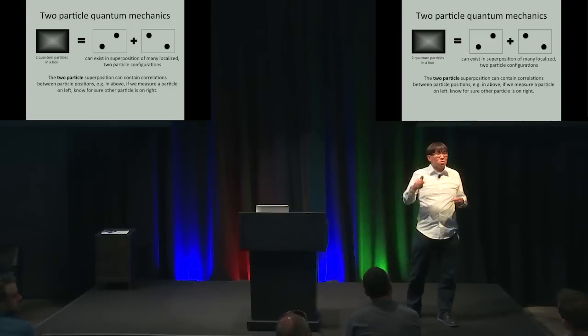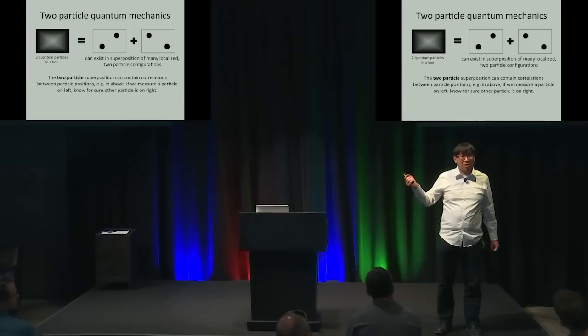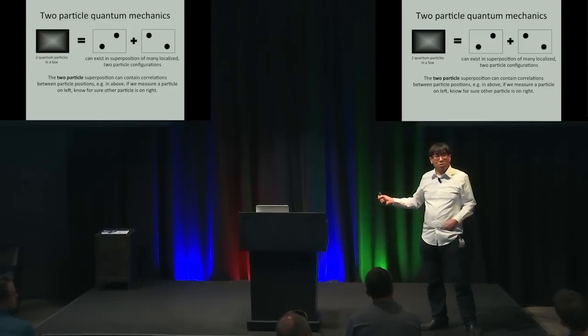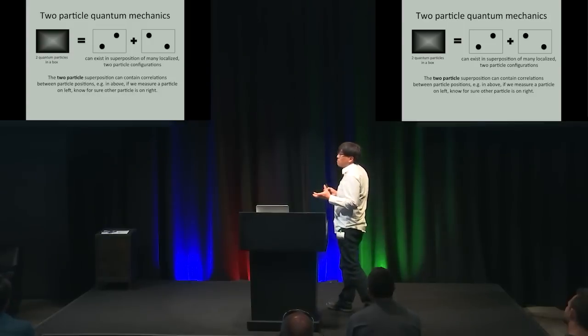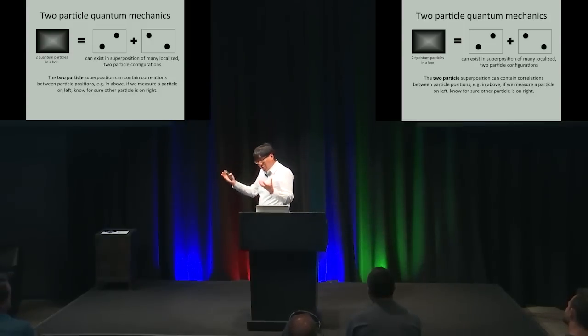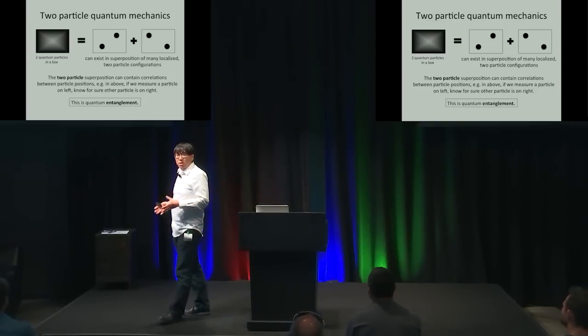So the two particles always seem to be correlated. If you measure one on the left, then the other one will be found on the right. If you measure one on the right, one will be found on the left. So there are correlations between the measurements on individual particles, and this is what is known as quantum entanglement.